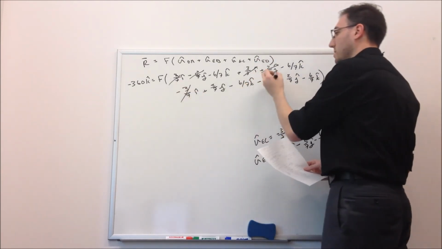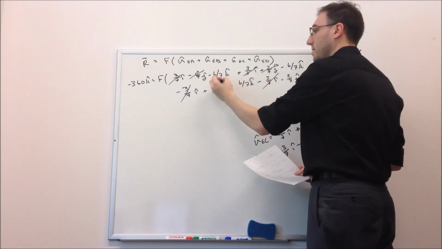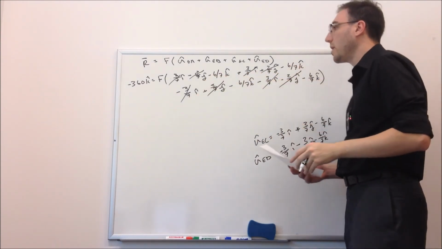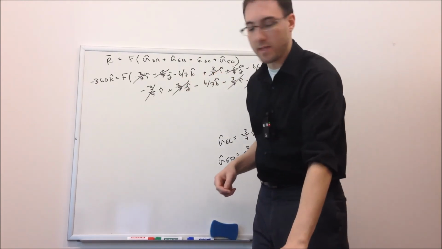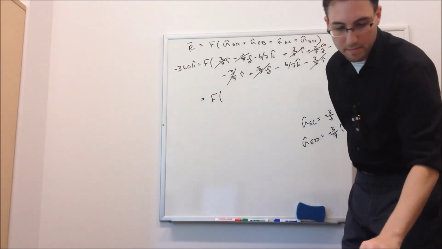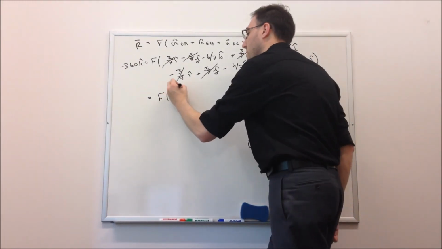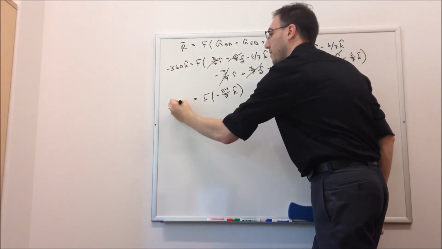This positive cancels this negative, this positive cancels this negative. 2/7 j, negative 2/7 j, 2/7 j, negative 2/7 j. And now I'm left with 4 negative 6/7 k. So this simplifies down to F times negative 24/7 k equals negative 360k.